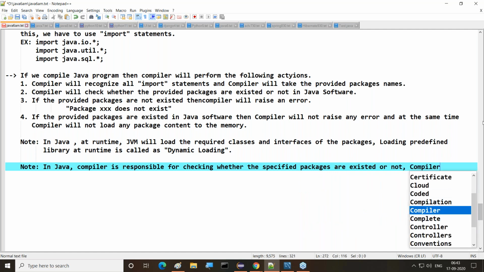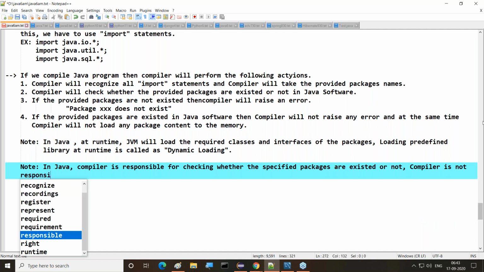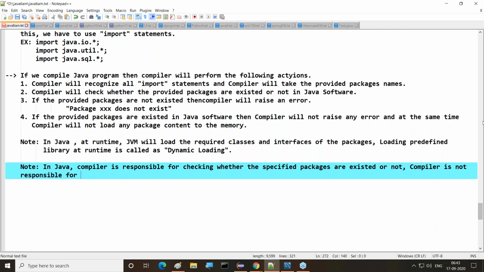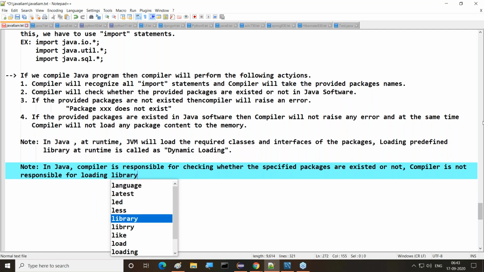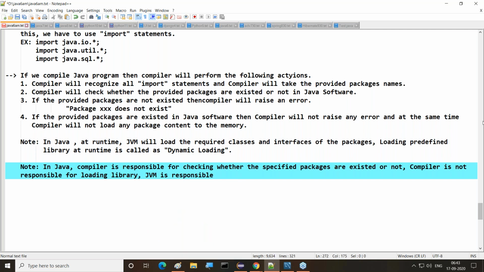The compiler is not responsible for loading the library. But the JVM is responsible for loading the library.